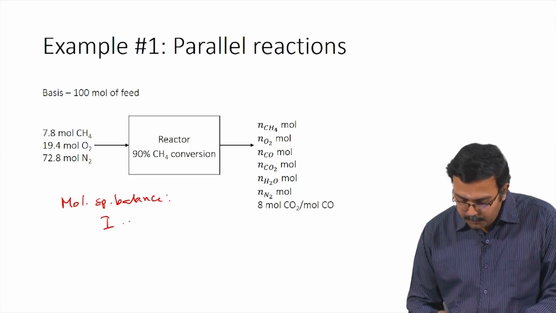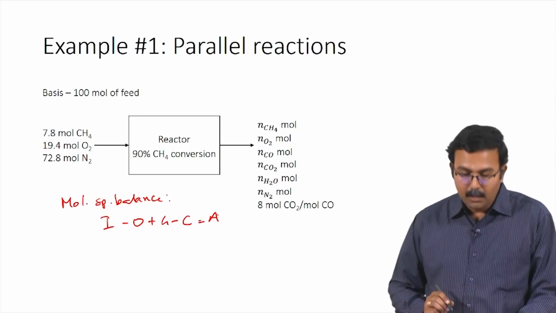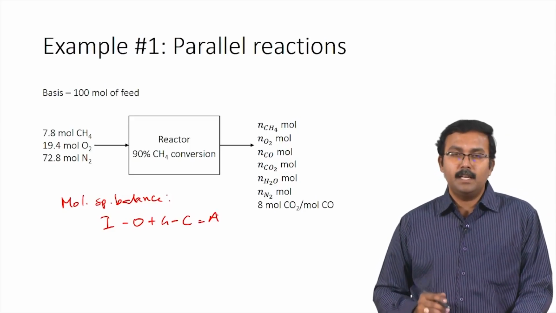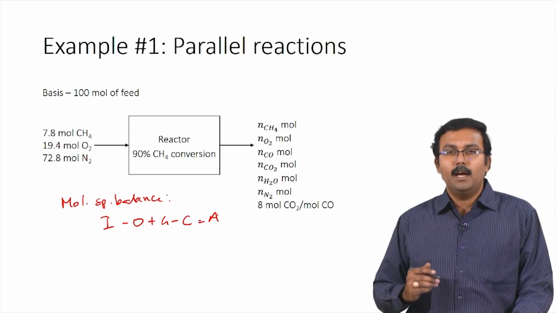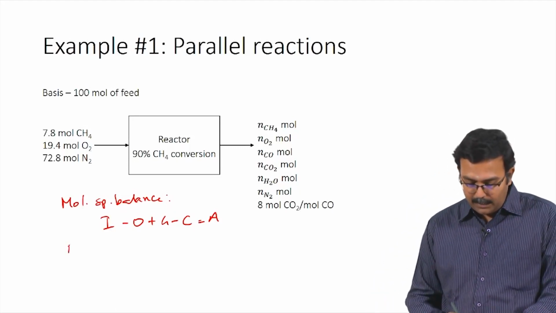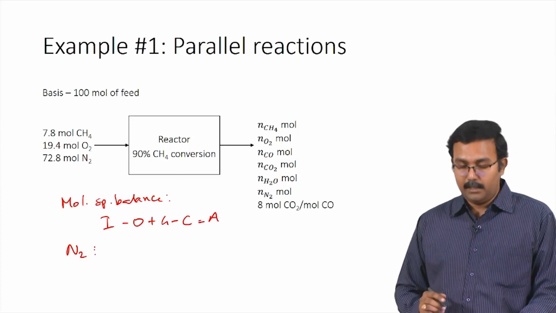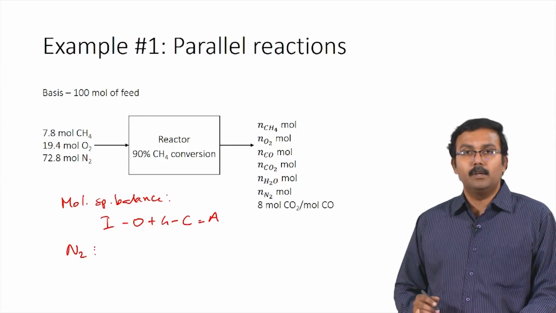You have input minus output plus generation minus consumption equals accumulation. For non-reactive components, generation and consumption would go to 0 and at steady state accumulation would go to 0. So let us start with nitrogen. In case of nitrogen, it is a non-reactive component, so generation and consumption will be 0.